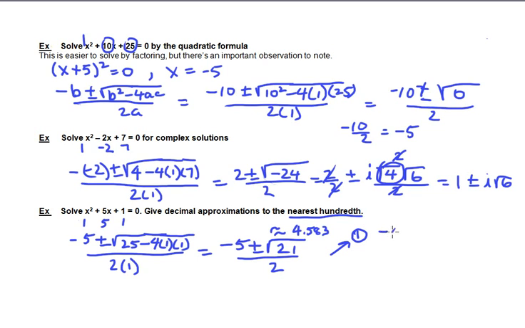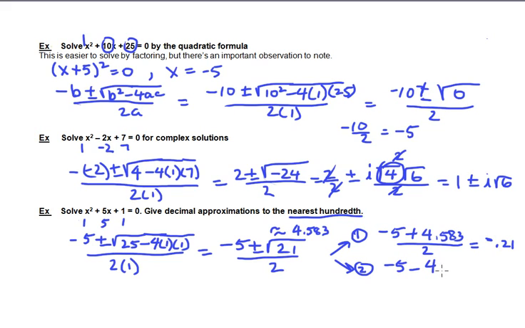So I've got negative 5 plus that value of 4.583, divided by 2. And now rounding to the nearest hundredth, I get negative 0.21. And now going on to the second solution, I can take that negative 5 and subtract.